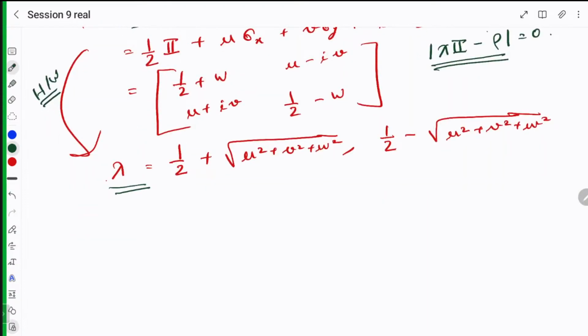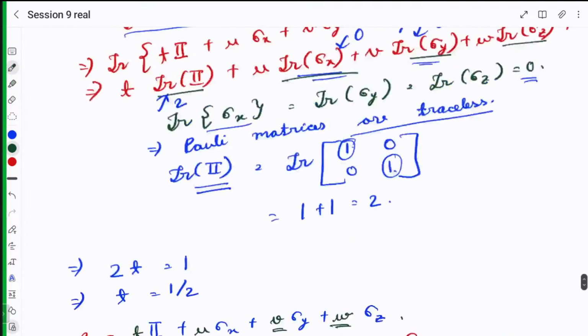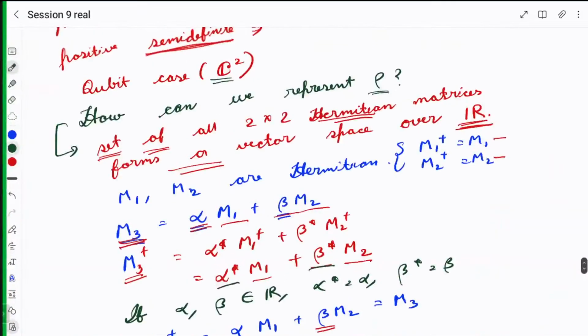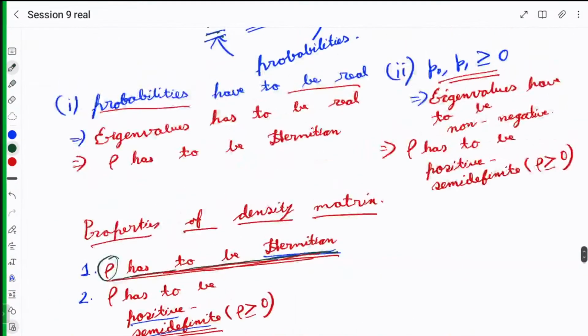And the first eigenvalue is of course greater than 0 by default. Now the second one, with proper values of U, V, W, can be either greater than 0, less than 0, or 0. But remember positive semi-definiteness says eigenvalues have to be non-negative.